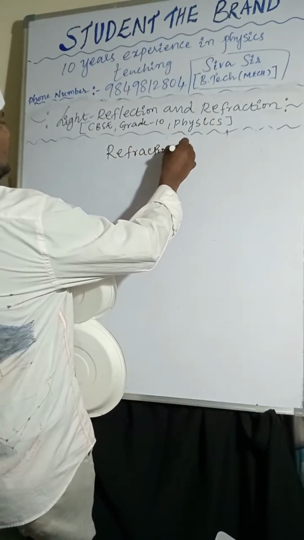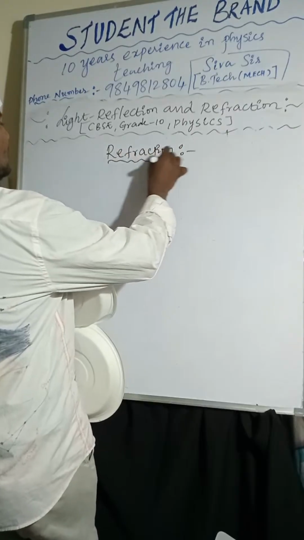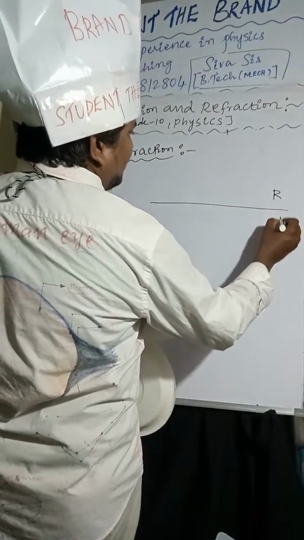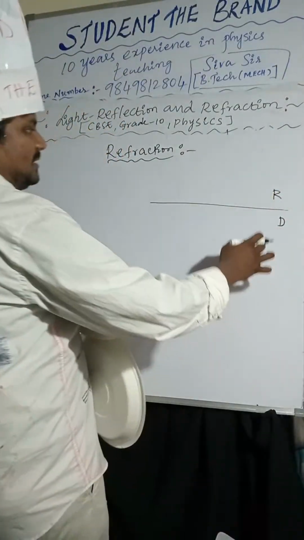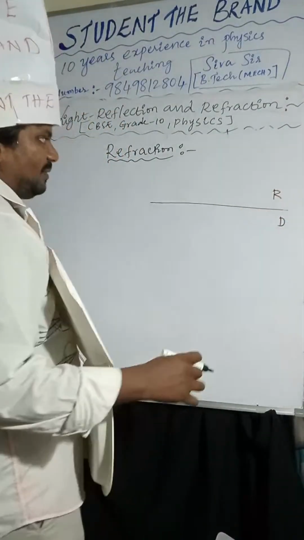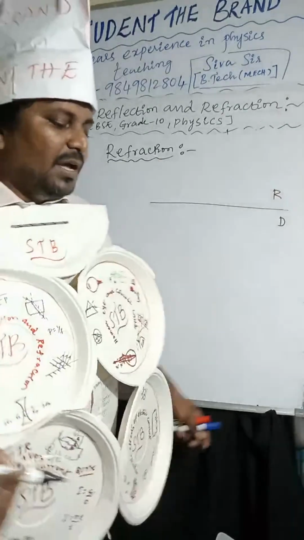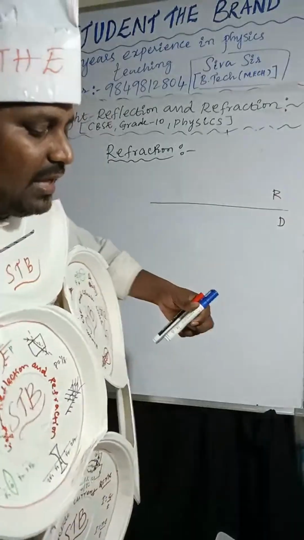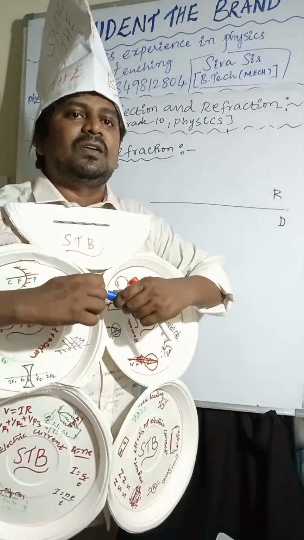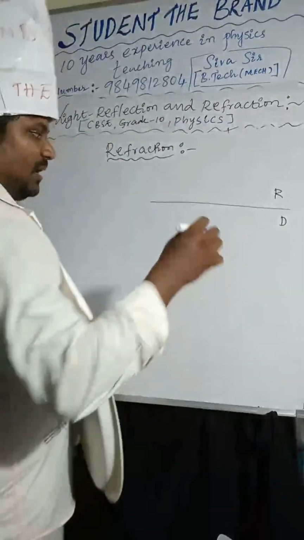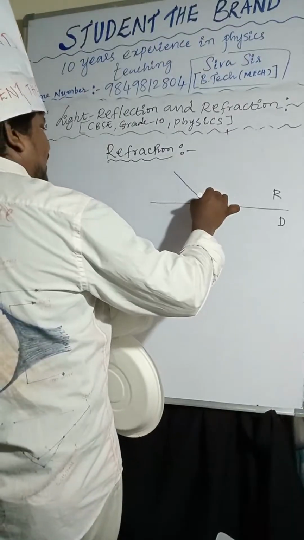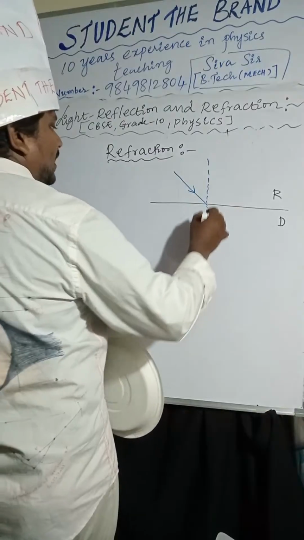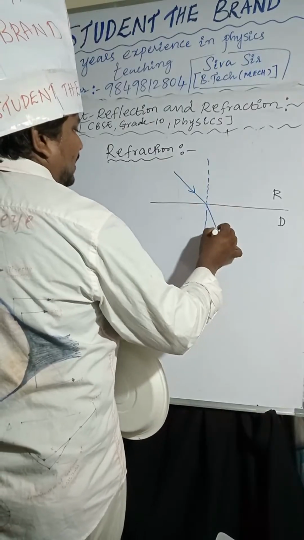If you are taking refraction, I'm taking this surface; this is a rarer medium, and this is a denser medium. If the light ray is moving from rarer to denser, this is the incident ray, this is the normal line, and this is the refracted ray.